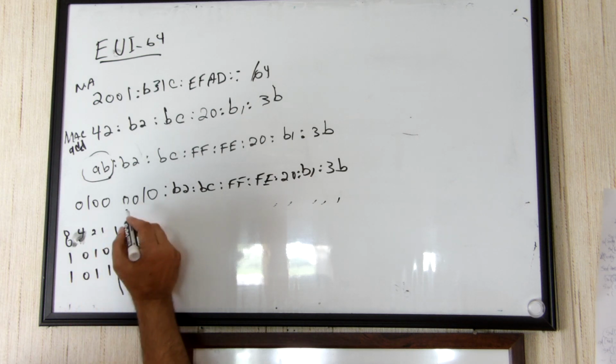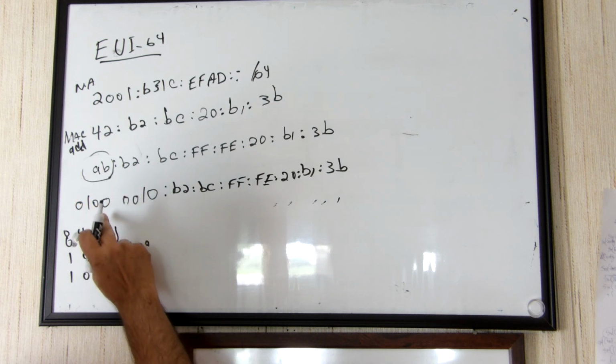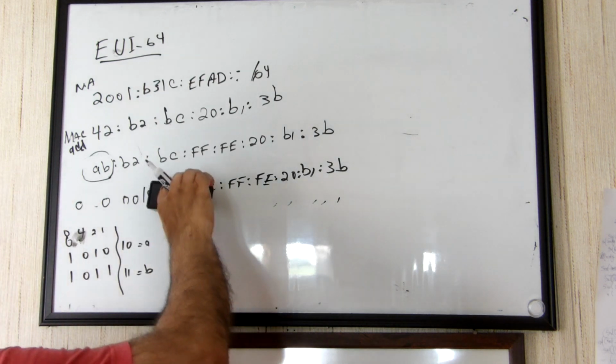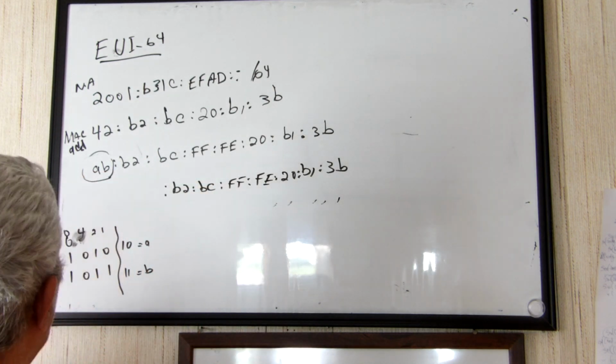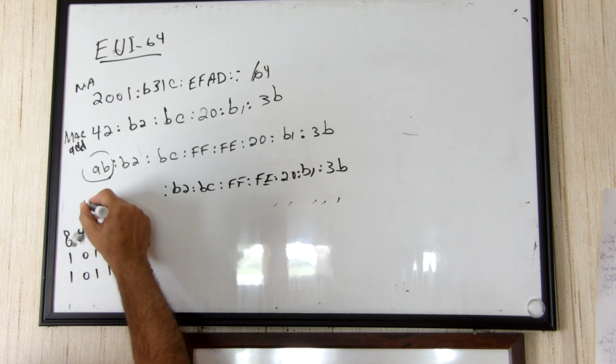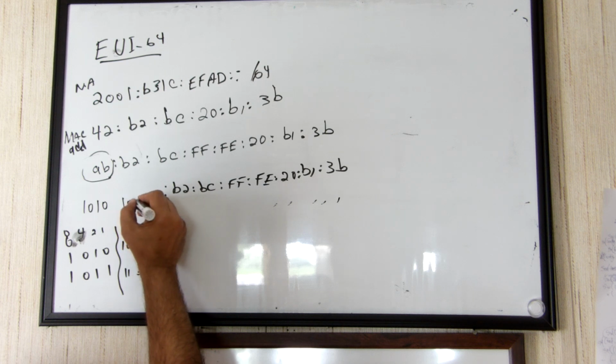So we write it here, this is changed to AB. We erase the last one. 1010, and then 1011.